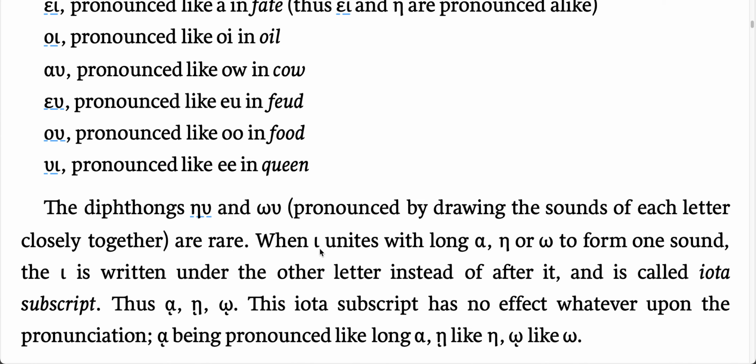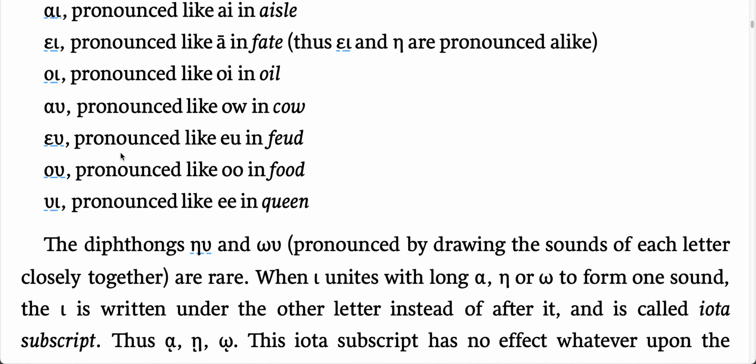Now, sometimes when you have an iota, it unites with a long vowel, alpha, eta, or omega, to form one sound. The iota is written under the other letter instead of after it, so it's called an iota subscript.